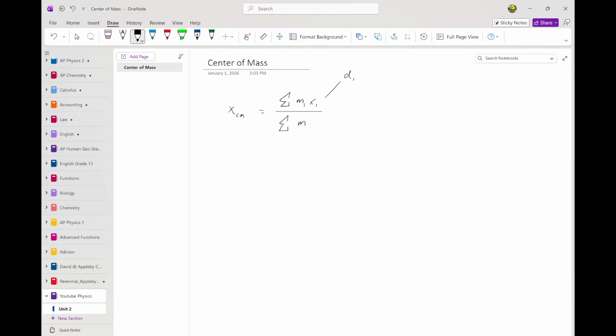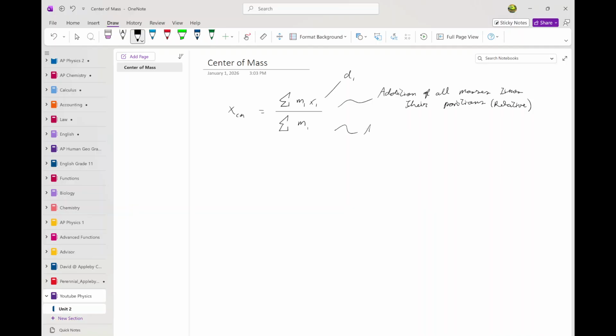And then you have the addition of the masses. So this is not to be confused, but basically what this means is the addition of all masses times their positions, relative, of course.